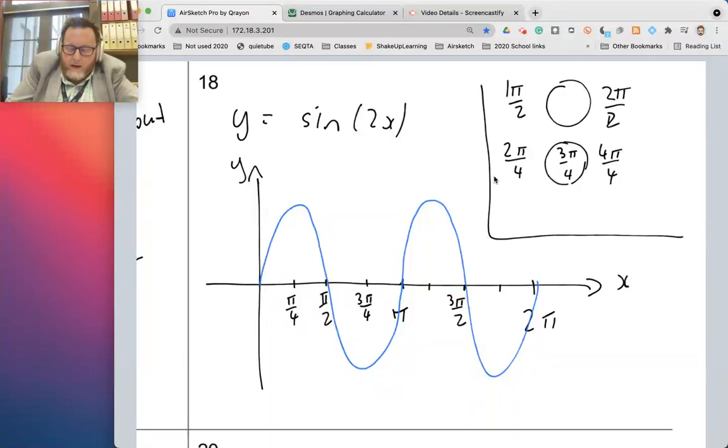Well, it would be 1 1/4, wouldn't it? So that's 5 pi on 4. And what's between 1.5 and 2? It's 1 3/4. So 1 3/4 is 7 pi on 4.